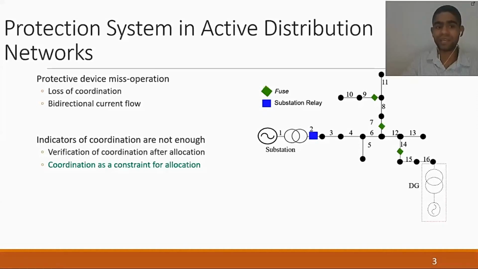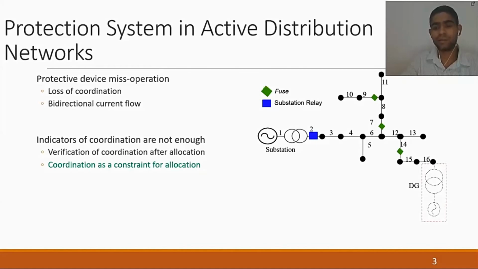Additionally, we can have bidirectional current flow in some branches. So, for example, at branch 14, if we didn't have the DG, we could have a fuse. However, when we insert the DG, there are short circuit currents flowing through branch 14 for every fault in the system. So this fuse would melt for any fault at any point of the system.